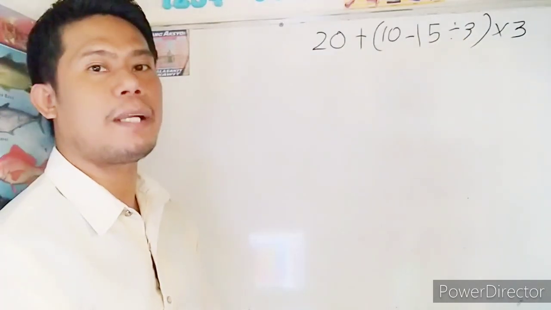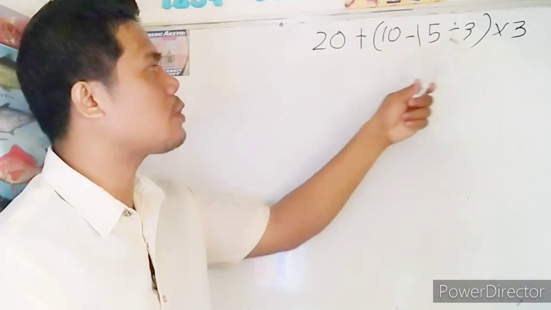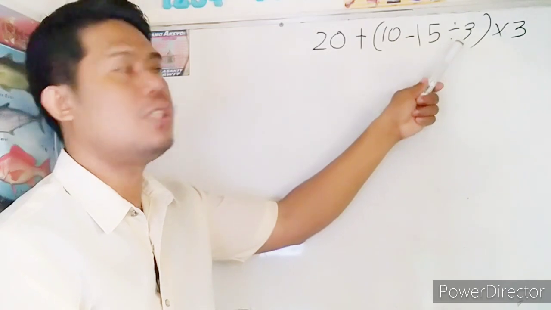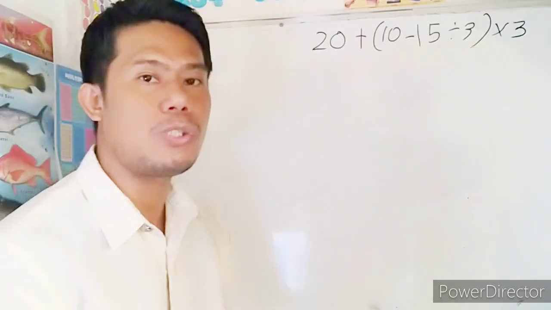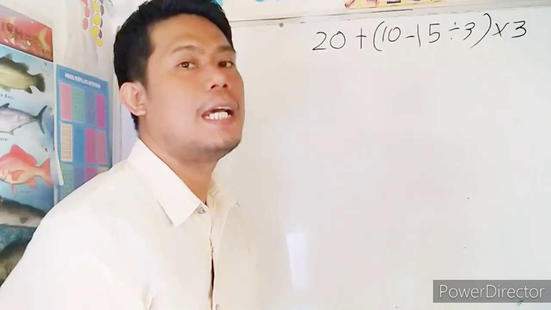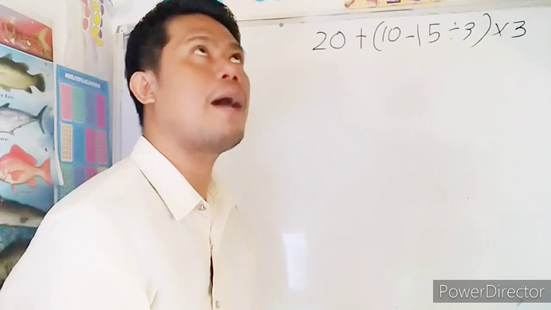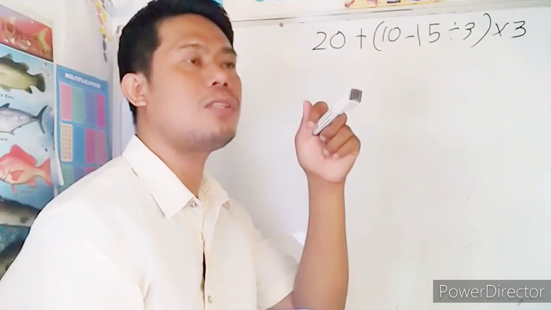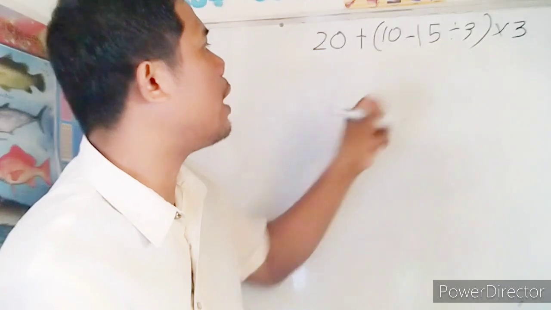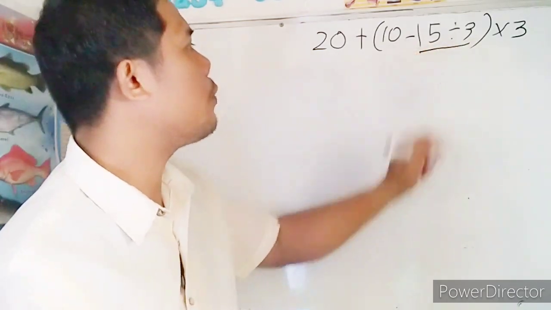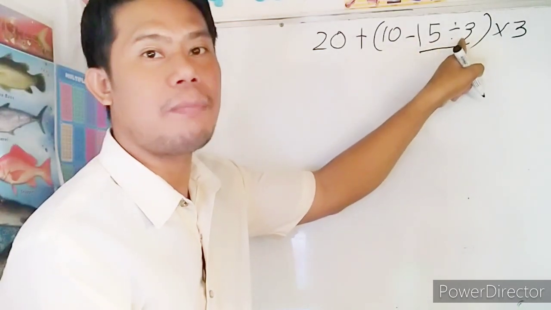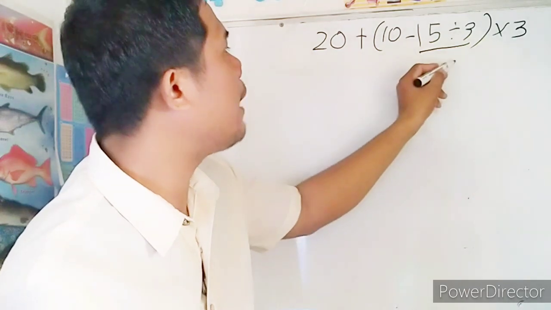And inside the parenthesis, again, we have subtraction and we have division. So what is the first operation that you are going to perform? Division, because we have parenthesis, multiplication, or division. So we're going to divide. So we have 15 divided by 3 equals 5.